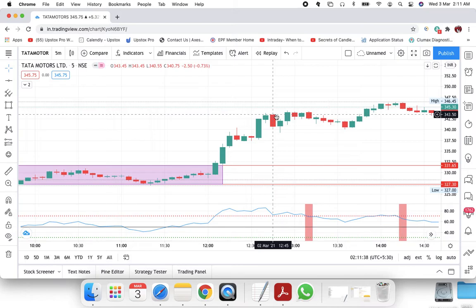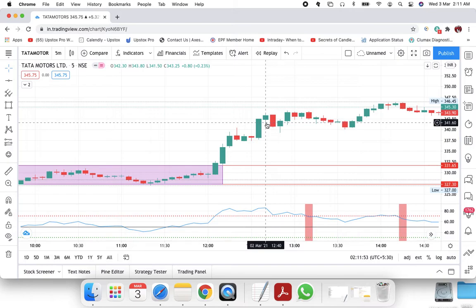opened here, closed here, but it didn't break this big candle, though it broke the low of this green candle, so it is a kind of warning. If you are a risk taker, you can still keep your position, or if you are a smart trader, you can exit as soon as it breaks this level.